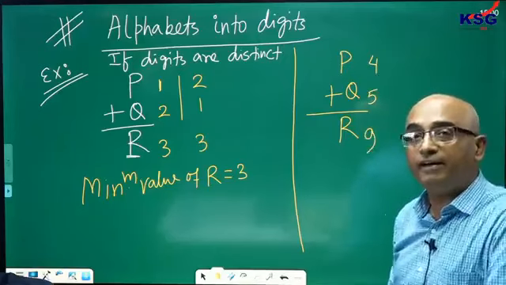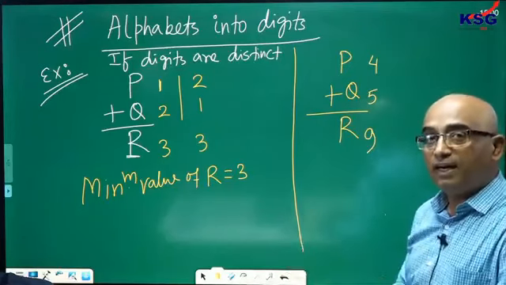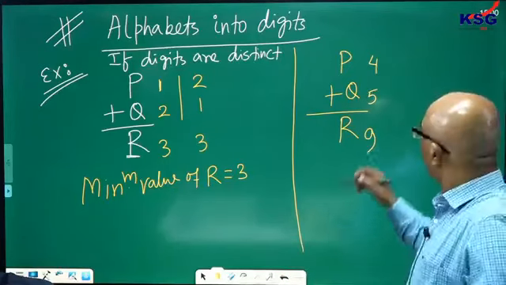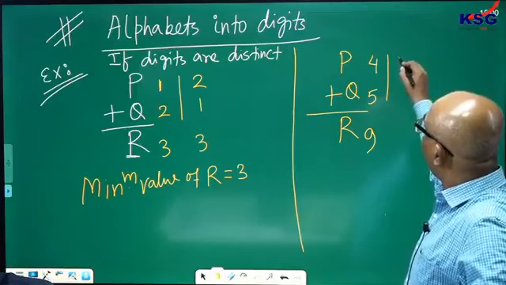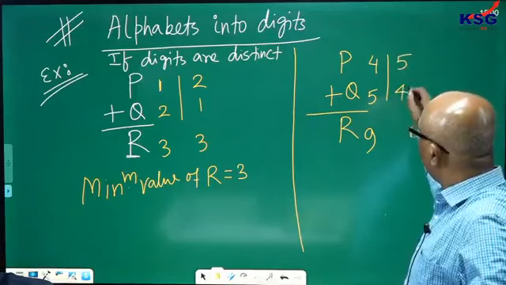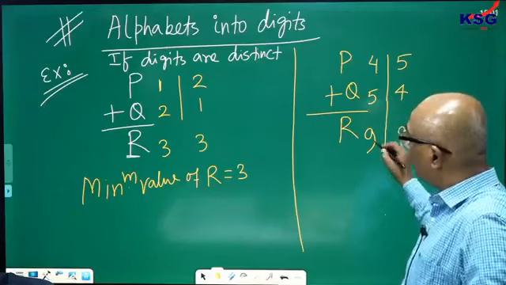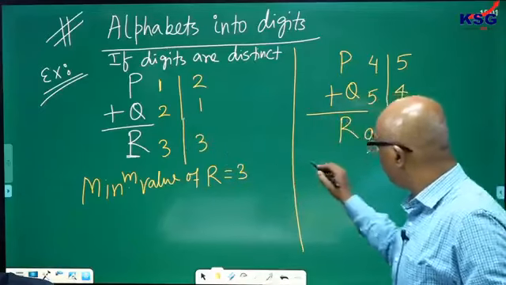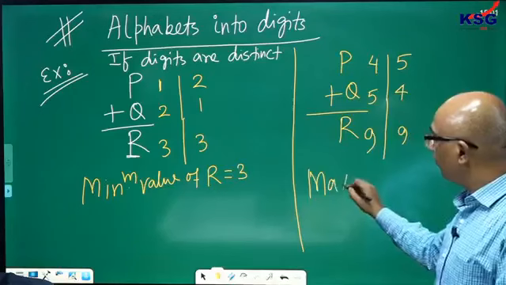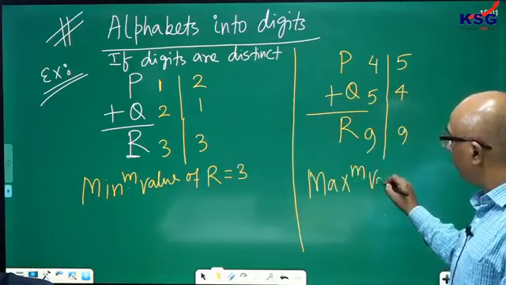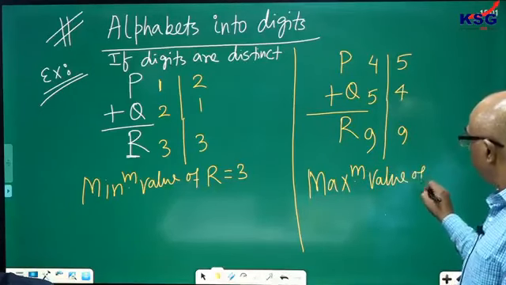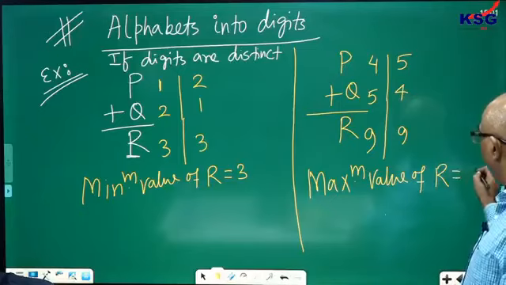Or you can take P as 5 and Q as 4, 5 plus 4 is also 9. It means the maximum value of R is equal to 9.